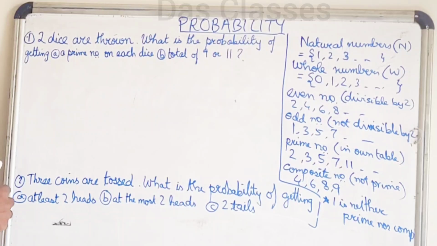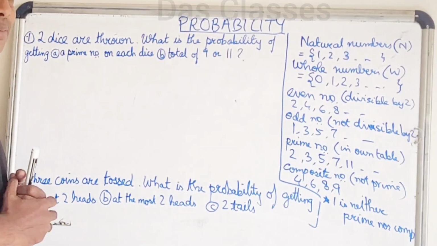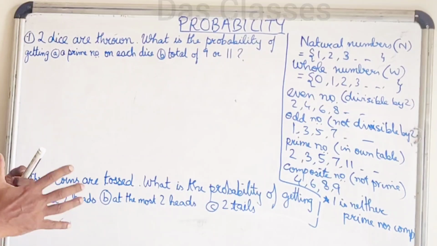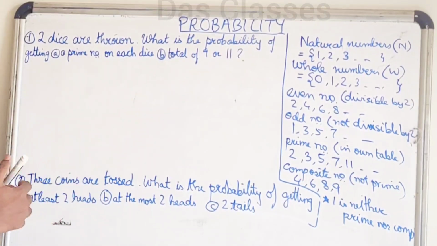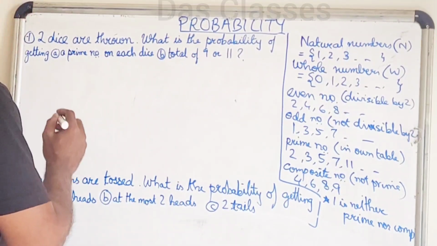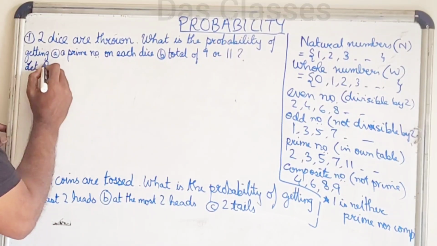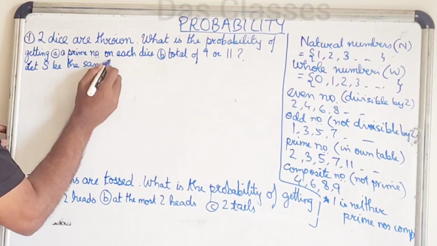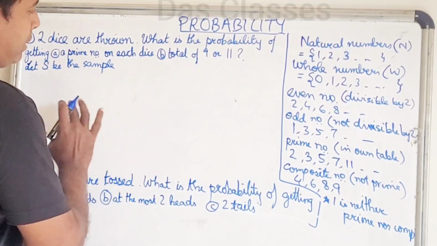In any probability sum, the most important thing is to write the sample space. Sample space means the total of the things that you are writing. This would be the standard first step in every question.